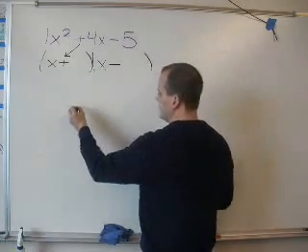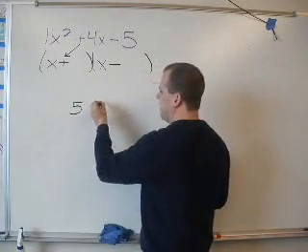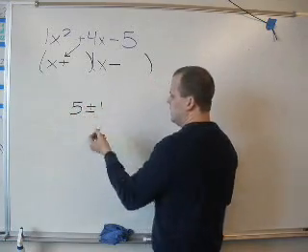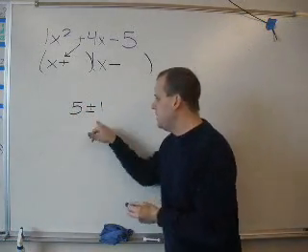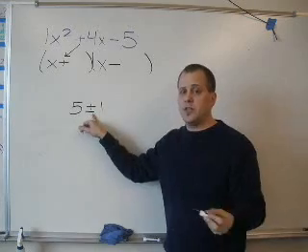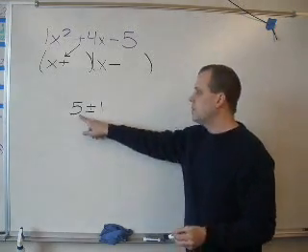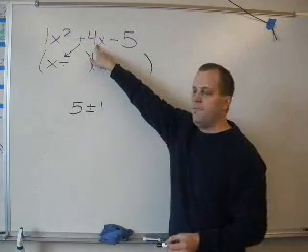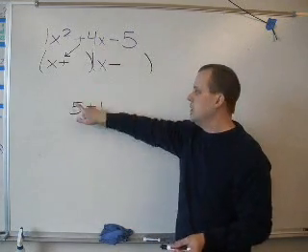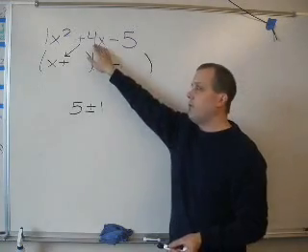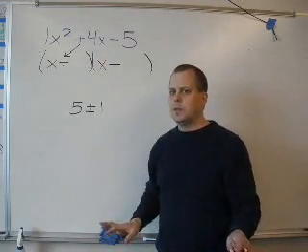What makes 5? Well, there's only one way to make 5 when I multiply numbers. It's 5 and 1. Now, I put that little sign back in, addition or subtraction, and let me ask myself this question. Does 5 plus 1 equal 4? No. Does 5 minus 1 equal 4? Yes.